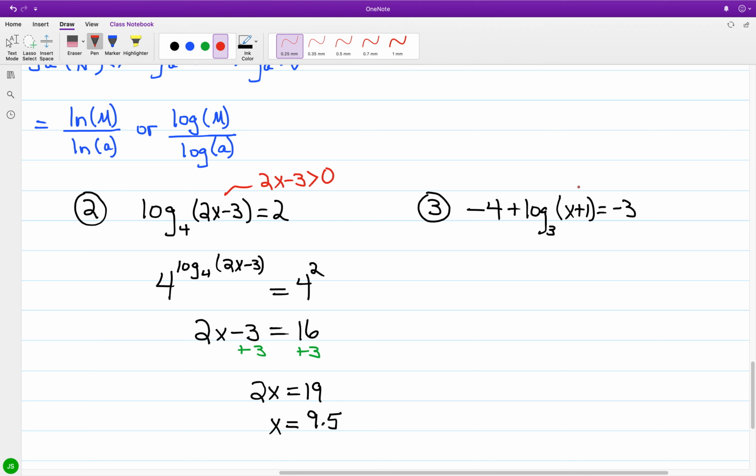And whatever we have in our solution, we want x plus 1 to be positive. Now, in the interaction, okay, we want to isolate the base 3 logarithmic term, and to do so, we can move the 4 over by adding.